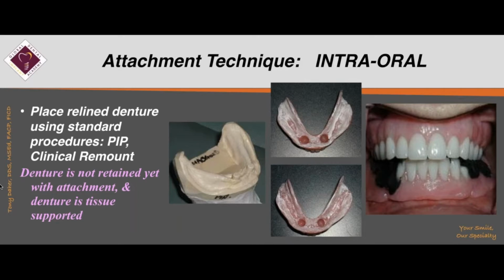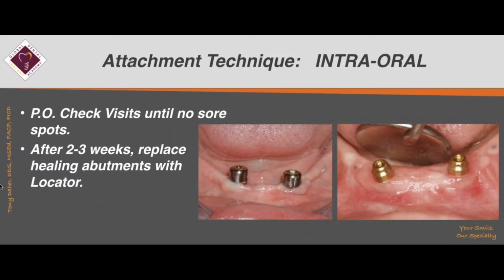Either it is localized pressure, and I adjust the inside of the denture, or if there is a wide area, then you have to look at the occlusion and correct it. And when everything is in acceptable range, then we connect the denture to the implant. Usually it takes me 2 to 3 weeks, and then I replace the healing abutment with locators.